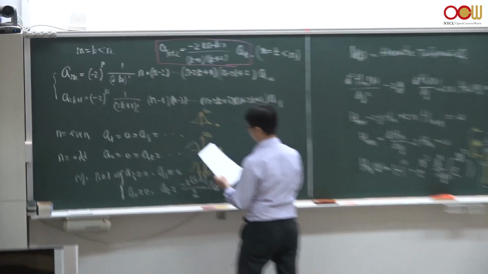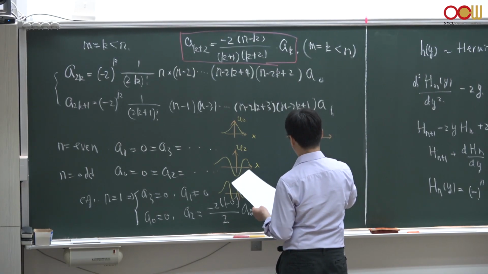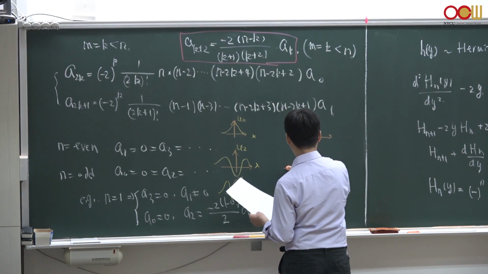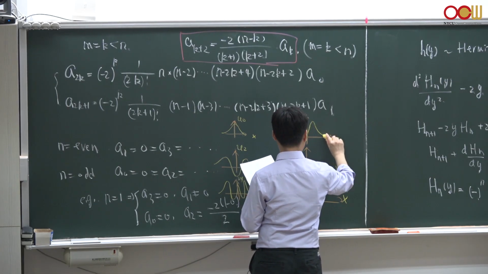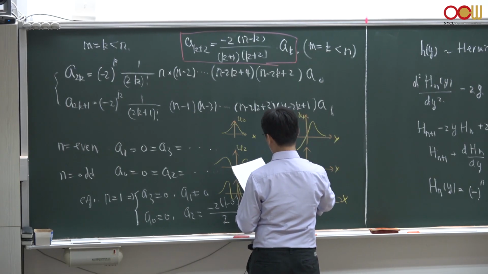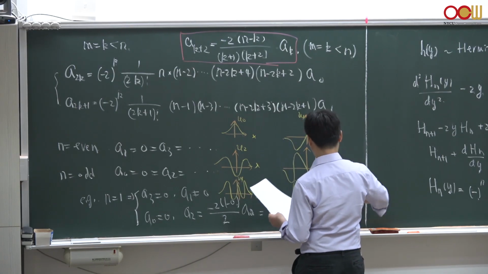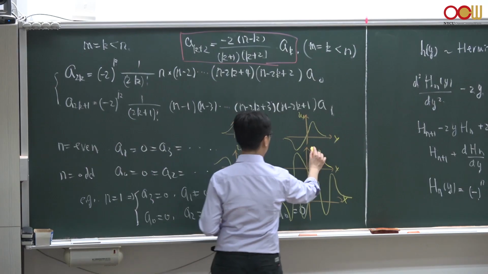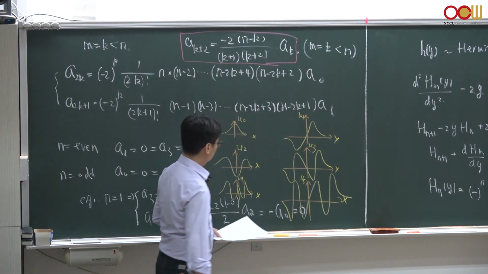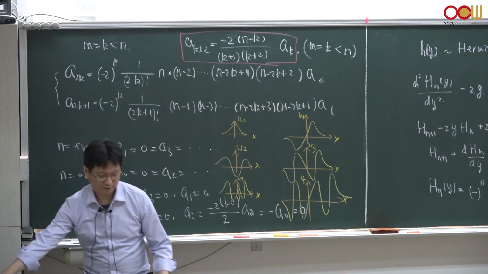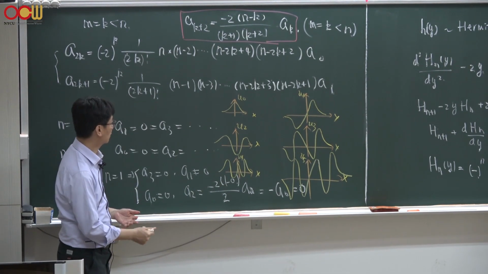For the odd parity solutions, we have u1, u3, and u5, which are odd parity in x. You can look at your textbook and see these plots of the eigenfunctions.